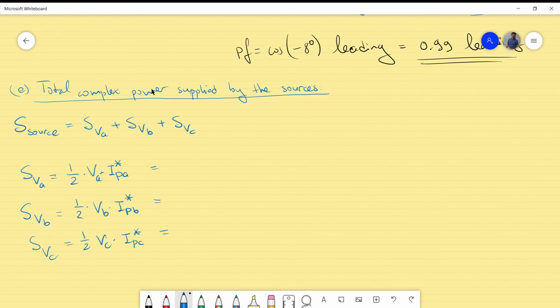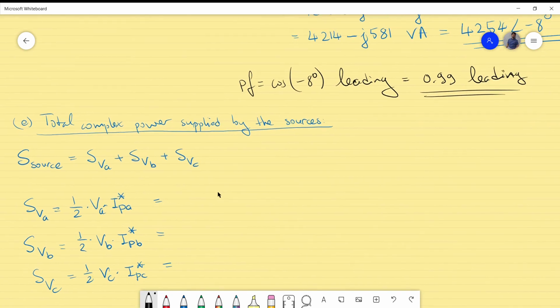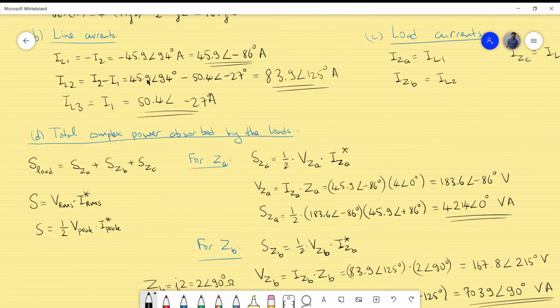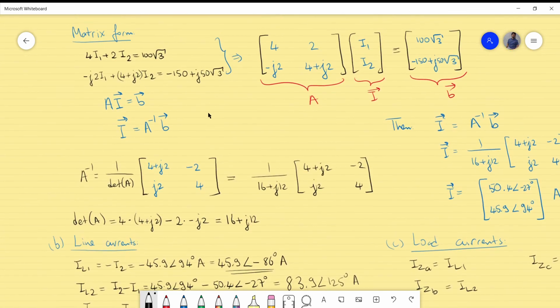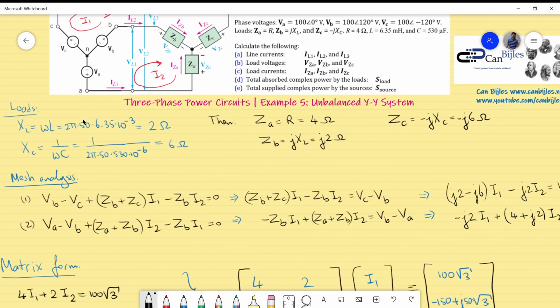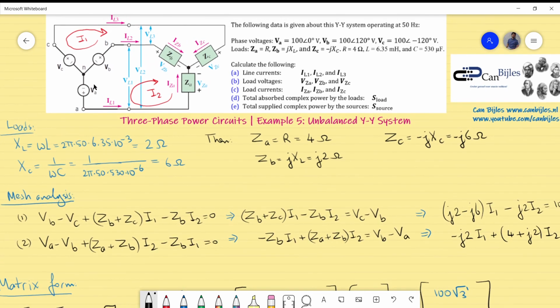So if I now use the values for VA, VB, VC, and also the phase currents, what are the phase currents actually here? If you look at the circuit again, so let me move up, this current, which is supplied by the voltage source VA, will be exactly equal to IL1, and that's for IL2, that's for IL3.